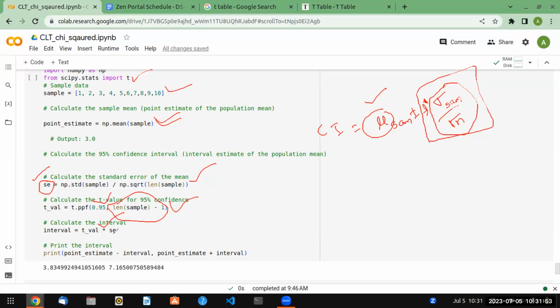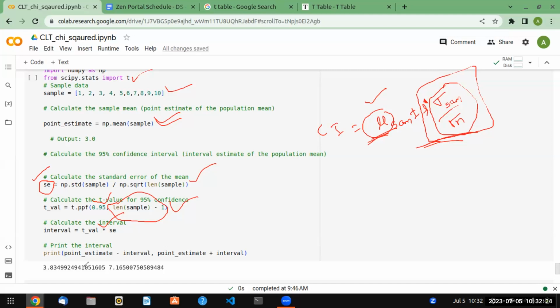Now, how do we calculate the confidence interval? You have mu, you have this term. What is the interval? Mu plus this term, comma, mu minus this term. On the left-hand side, I'm keeping the point estimation, that is mu sample minus the interval, comma, point estimation plus the interval.